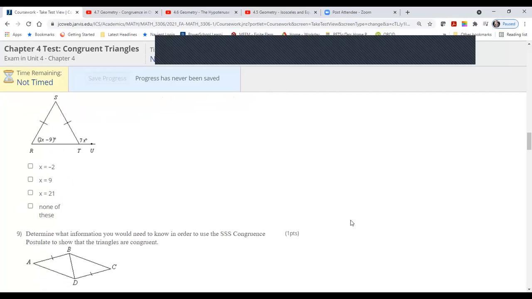How about this? It is equal. So this one and this one will be equal, right? So that means to find the x, you need to add this with this equal to 180 degrees, right?